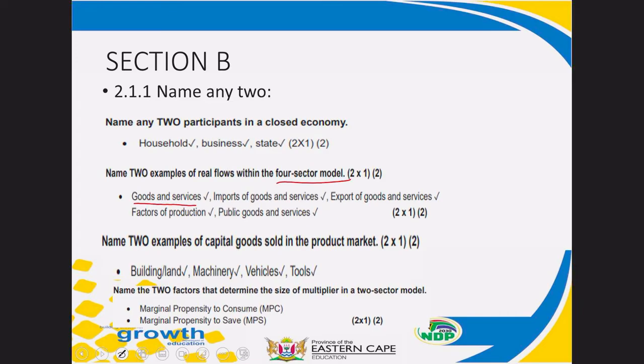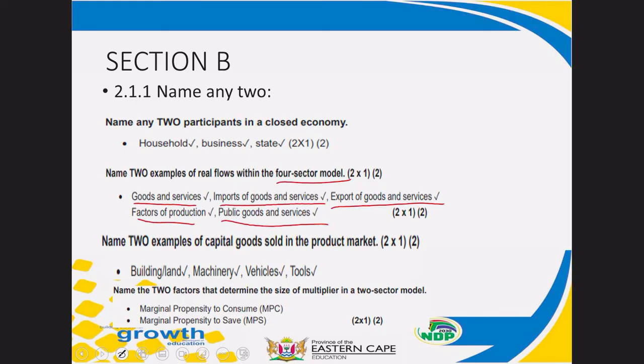Here, you are asked for examples only in the real flow: your goods and services, your imports of goods and services, your exports of goods and services, factors of production, public goods and services. They represent your real flow. Remember, in real flow, you've got the flow of goods and services between the participants, and the flow of factors of production between the economic participants, your households and your businesses. Make sure that you understand that.